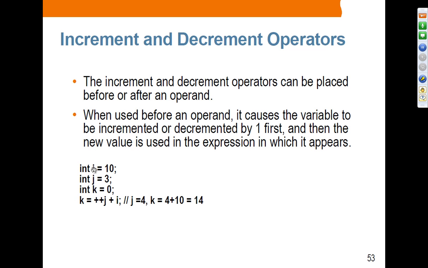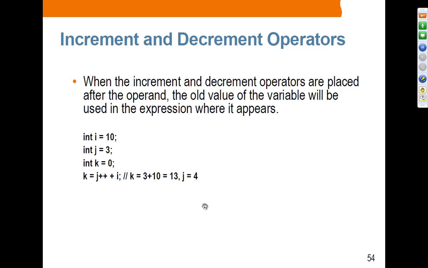So in this case, we have i set to the value 10. j is assigned a value of 3, k is assigned a value of 0. So in this case, plus plus j, plus plus is before j. Okay, so in this case, j will be incremented by 1 first. So j is going to be 4, and then it will be used for computation. So 4 plus i, which is 10, so k is going to result in 14.